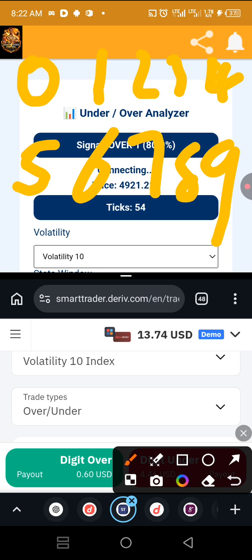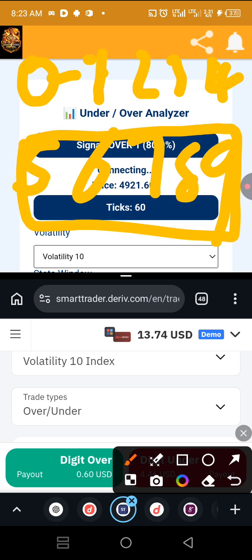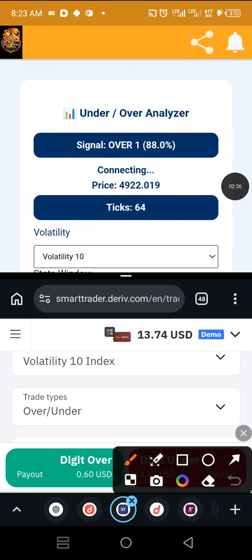So the entry model says that whenever 0 or 1 appears, it must be followed by a bigger number. If 0 or 1 appears and it's followed by any of the smaller numbers, it is not valid. And the percentage must be 70% upward, don't forget.